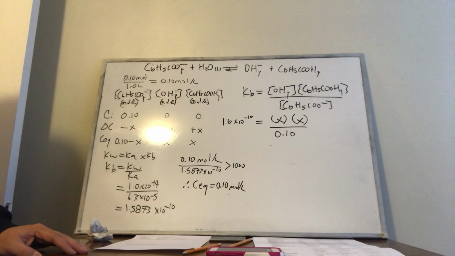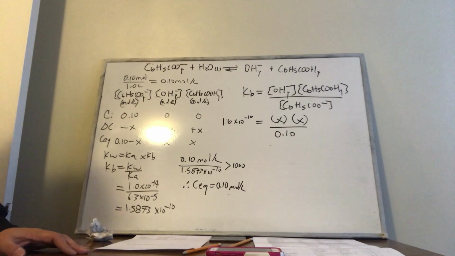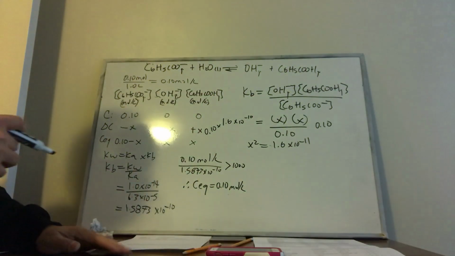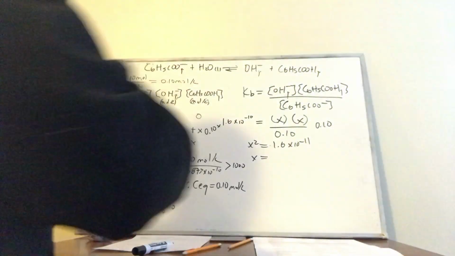Okay, so now the next thing is to do my algebra to get an x value. So I'll multiply both sides by 0.10, and that way the 0.10 gets out of the bottom. And I end up with x squared equals 1.6 times 10 to the minus 11. And then I'm going to square root that to get an x value. And let's see how well that works.